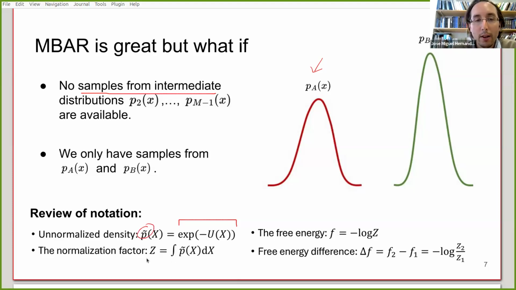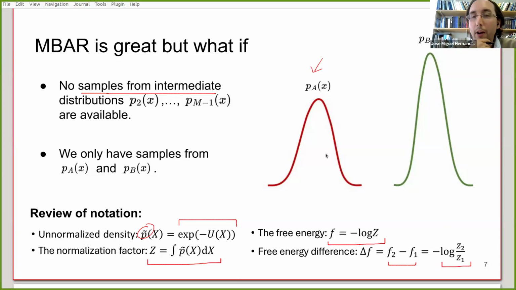This represents the normalized distribution. The normalization factor of the distribution, we are going to call it Z, and the free energy is going to be minus the logarithm of the normalization constant, and the free energy difference is going to be the difference between those log normalizers, or minus the log of this ratio between Z2 and Z1.